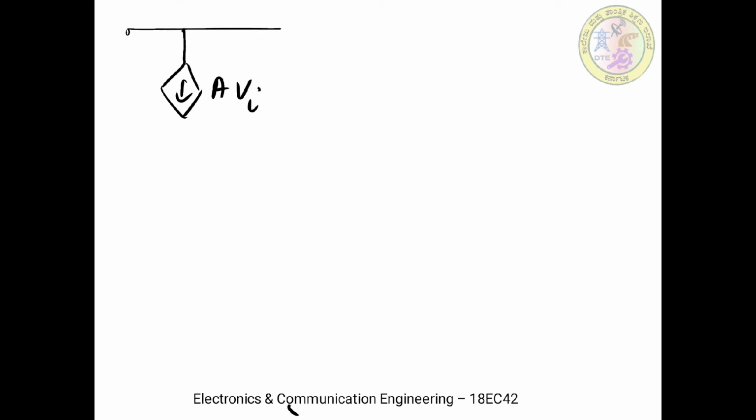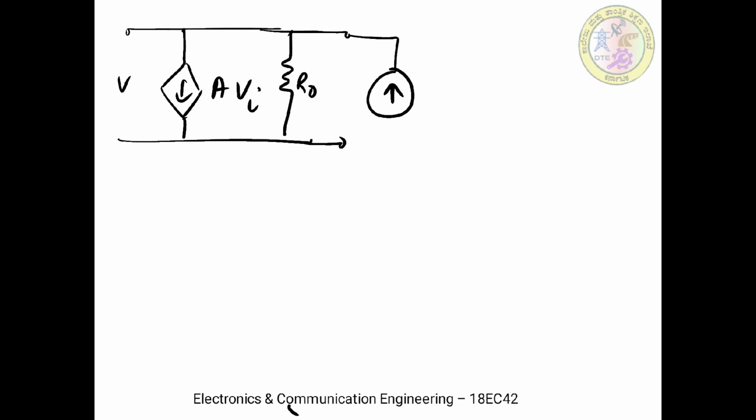A into Vi is the current source, and then we have the output resistance R0. Now at the terminal here, a test current IT is applied, and also for the measurement of ROF, Vs is made equal to 0.